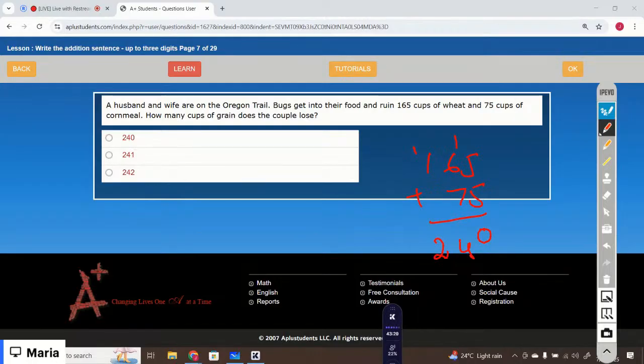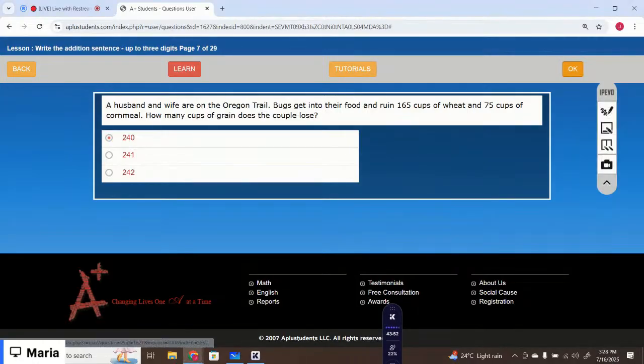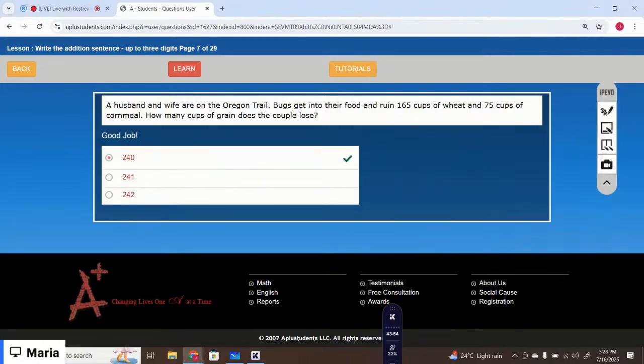So that is 240. Option number 1 is the correct option.